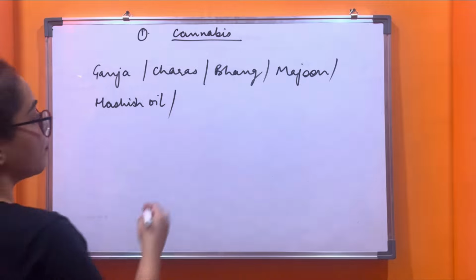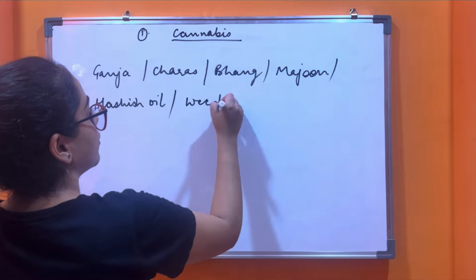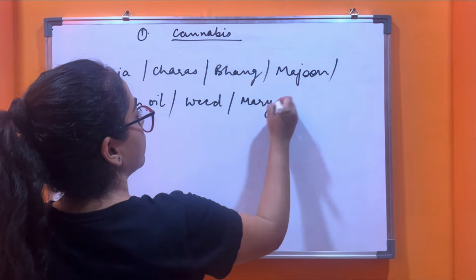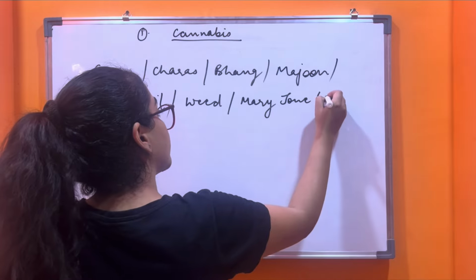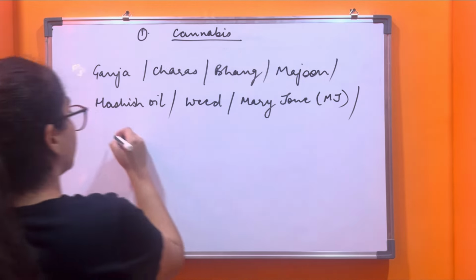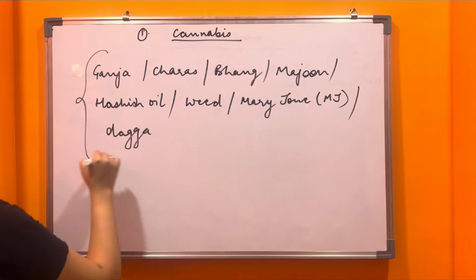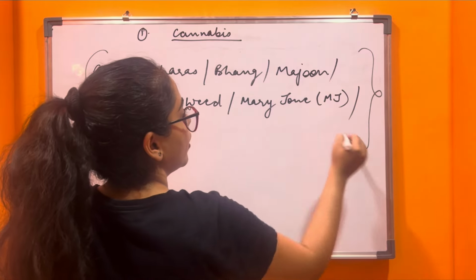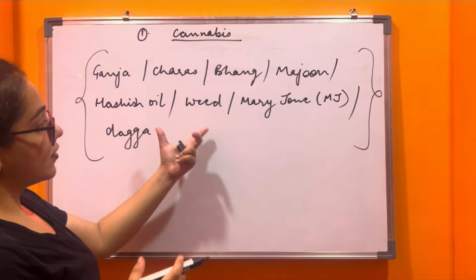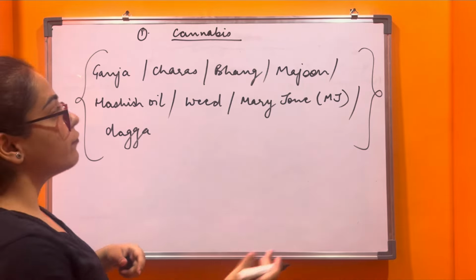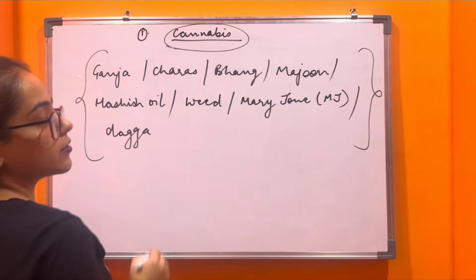You must have heard about weed, Mary Jane, also termed as MJ, Dagga. Okay, all these drugs are derived from this plant cannabis.